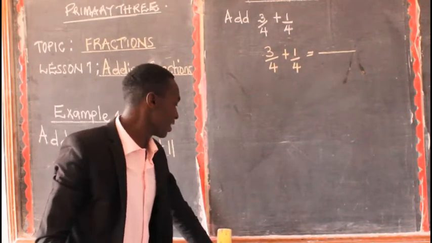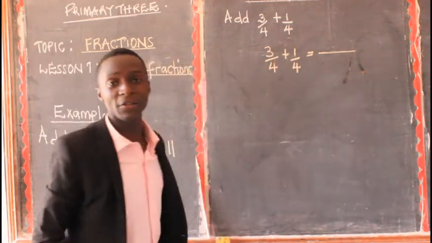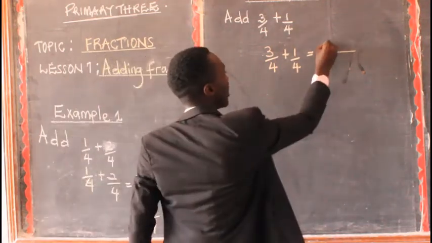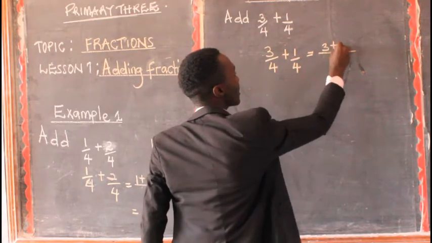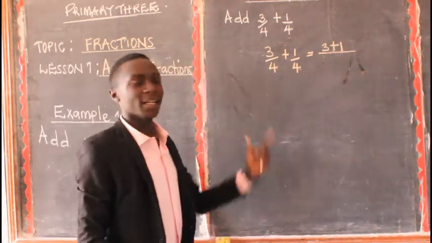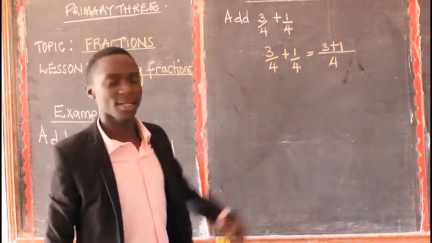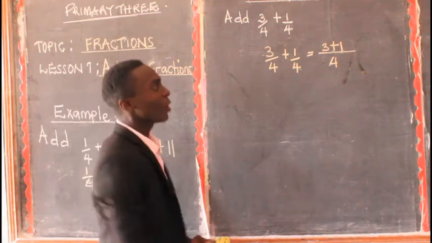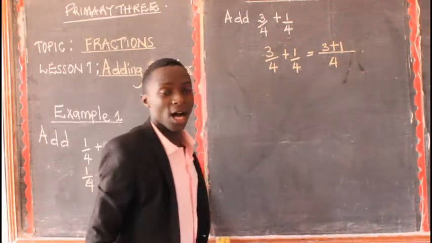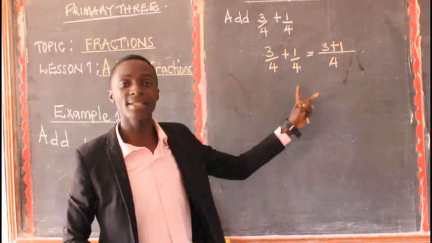After drawing your line, you add the numerators, the upper numbers of the fraction. You add 3 plus 1, out of our common denominator, which is 4. Don't put equal signs this way, because in mathematics we don't put 2 equal signs in one sentence.